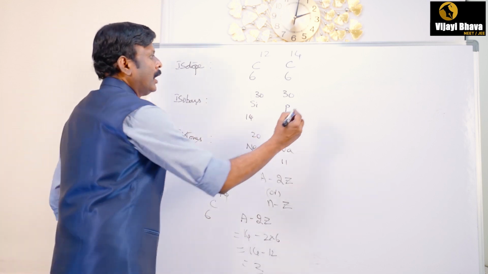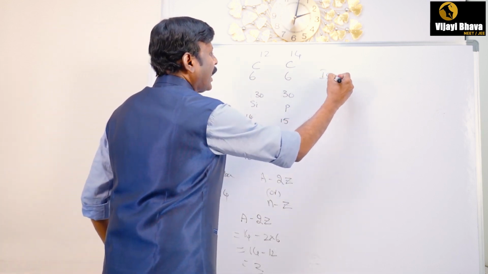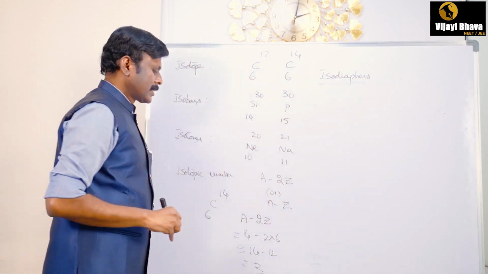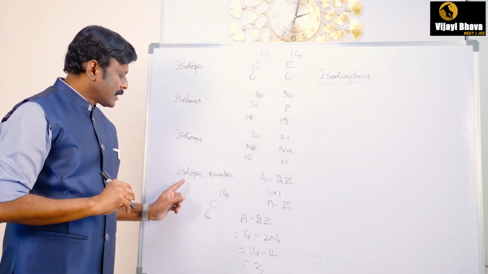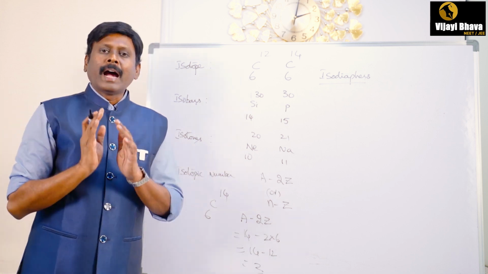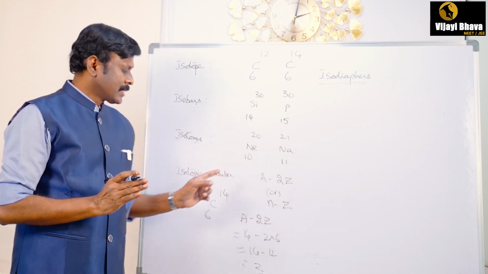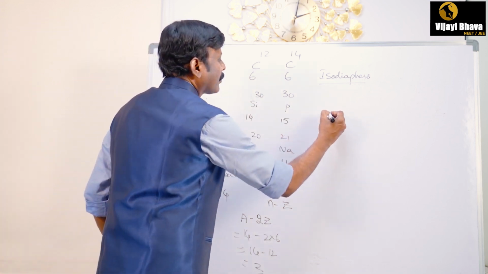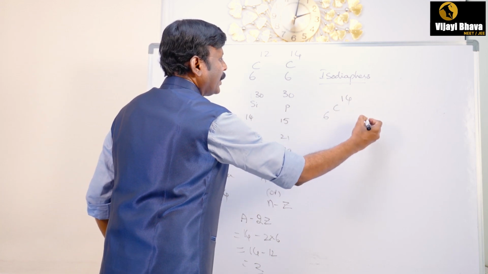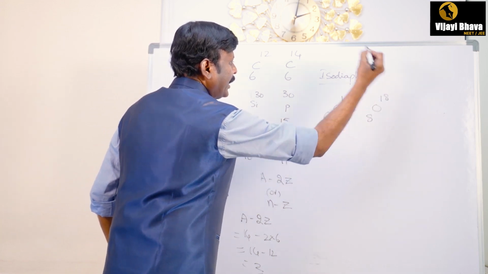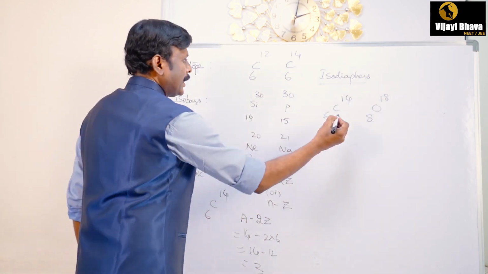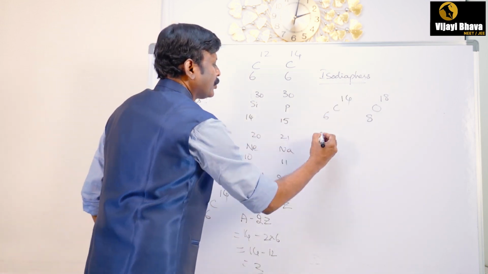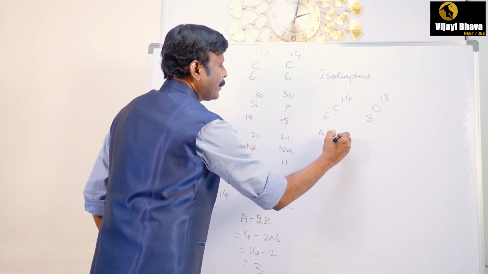Moving further, let us learn what an isodiapher is. Isodiaphers are the elements with the same isotopic number. I'll take an example, 6C14 and 8O18. Now, let us see whether they have the same isotopic number or not. First, coming to this carbon, let us calculate A minus 2Z.